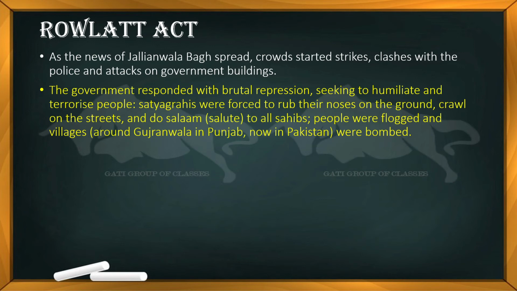They threw people out of their houses and forced them to rub their noses on the earth. People were flogged, and most famously, a village in Gujranwala in Punjab was bombed. This is the most important thing that they did.